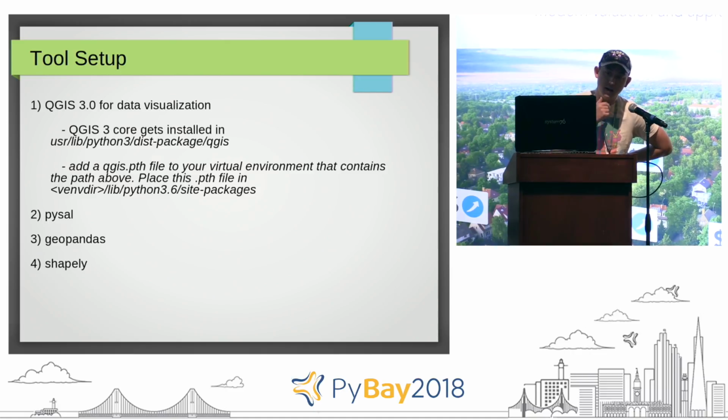You can actually use QGIS3, spin up a virtual environment, create a path file in your site packages, and point it to the QGIS core distribution package. Install PySAL, GeoPandas, and Shapely, and now you don't ever have to use their software ever again.